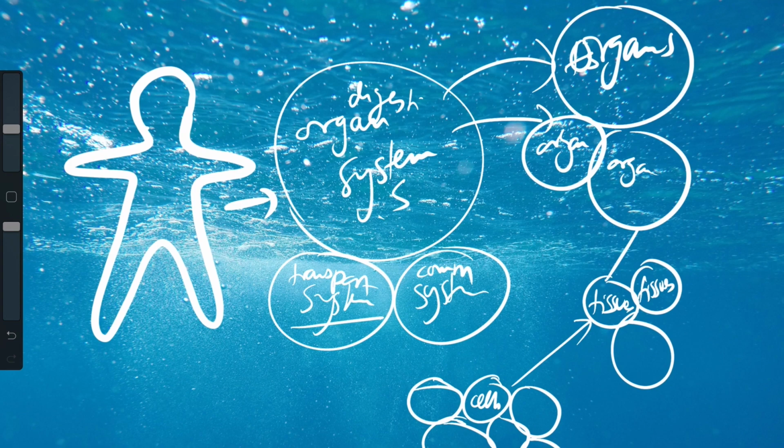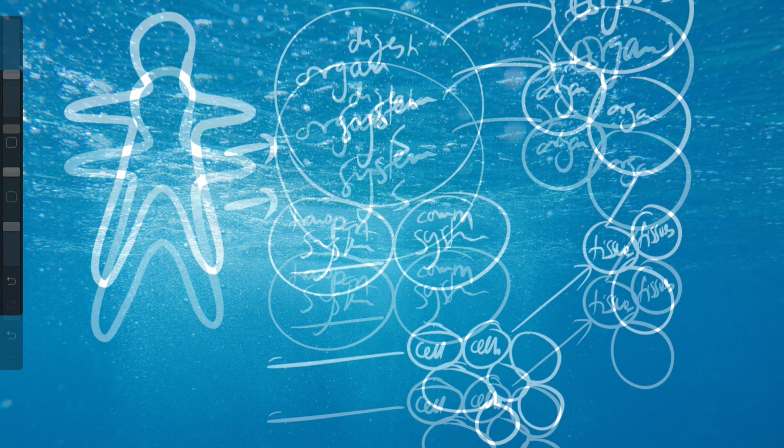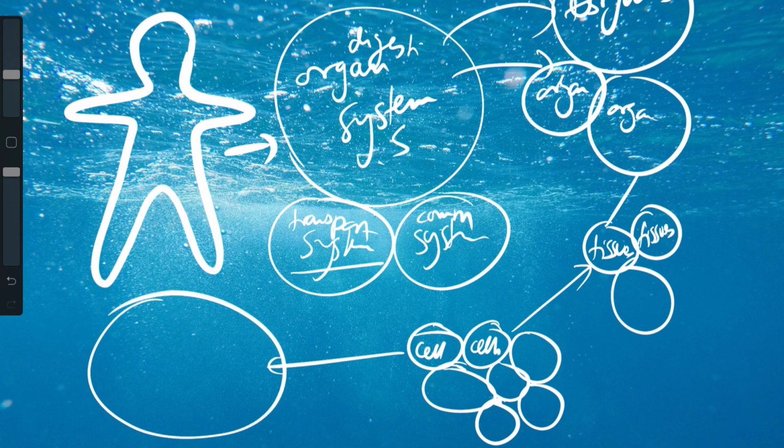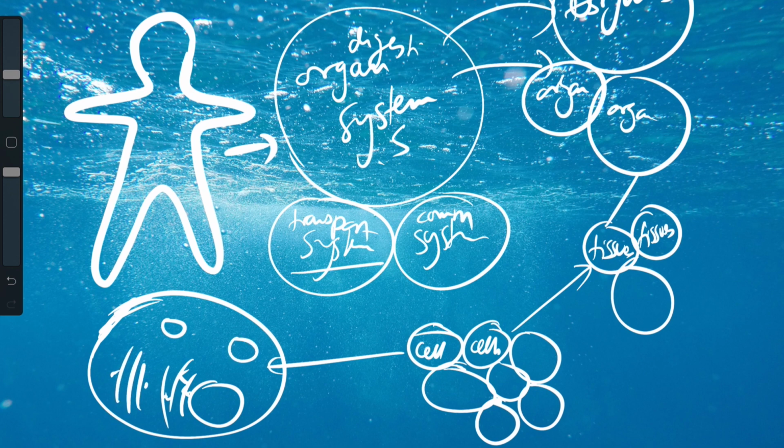However, even for the individual cells to function, it needs different bits and bobs. So for the cell to function and do the job collectively with other cells in the tissue, each individual cell itself has its own components doing different things in the cell, so that if you put all those functions together, it allows the cell to do its job.